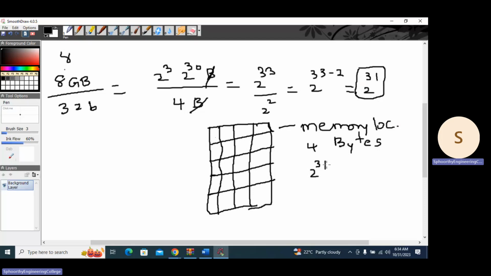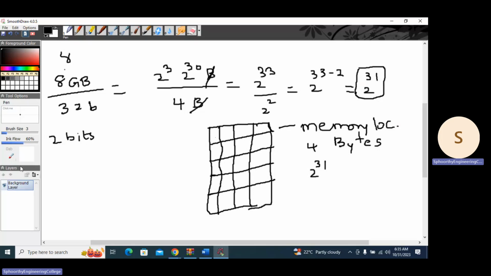Now the point is, if I give a binary address, how many bits do I need to generate it? Friends, simple logic, please try to understand. Suppose I have only 2 bits.